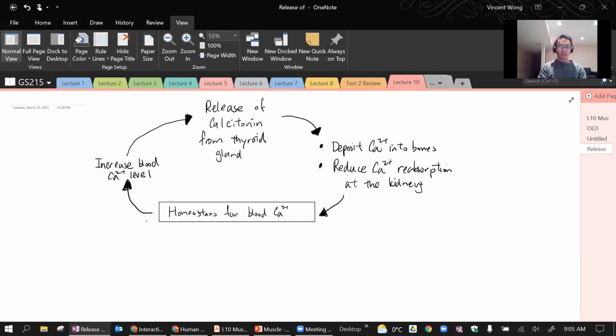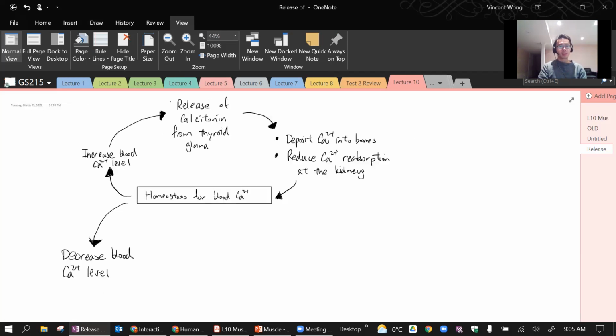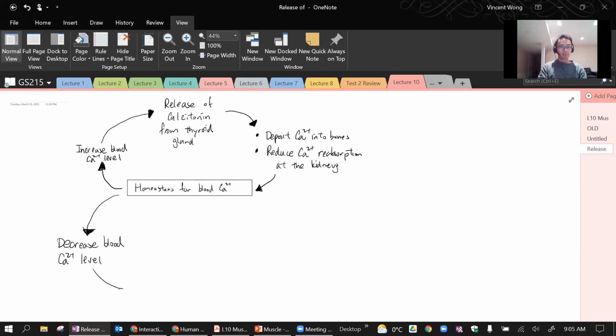Okay. So the opposite could happen. You have decreased blood calcium level. Okay. You don't have enough calcium. So what's going to happen? You will release another hormone.